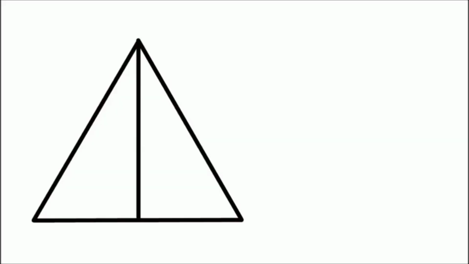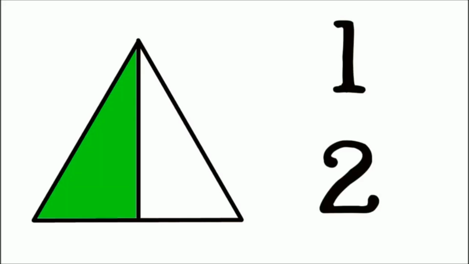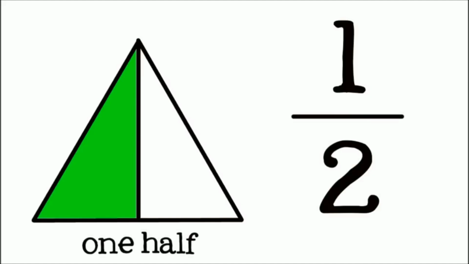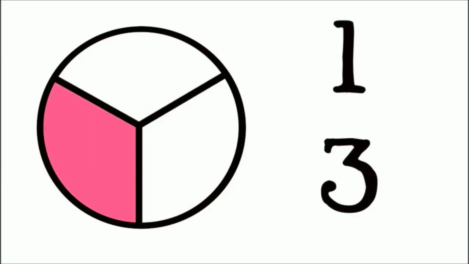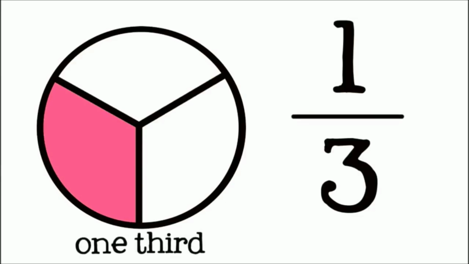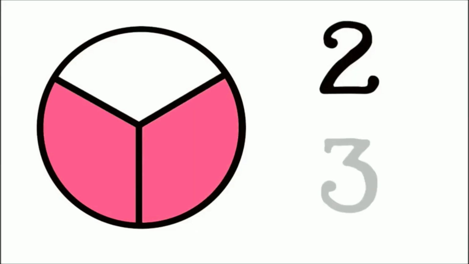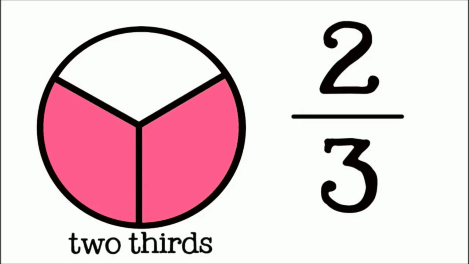In this triangle, two equal parts. If one part is shaded, 1/2 is the fraction. In the circle, three equal parts are there. If one part is shaded, this is 1/3. If two parts are shaded, this is 2/3.